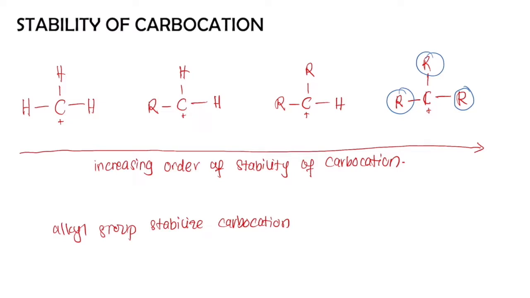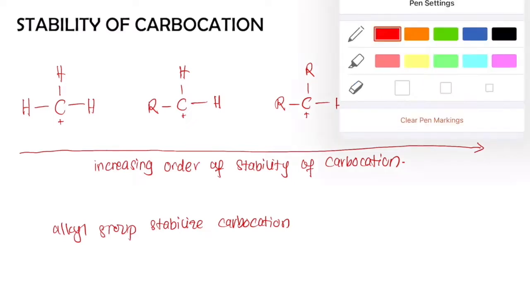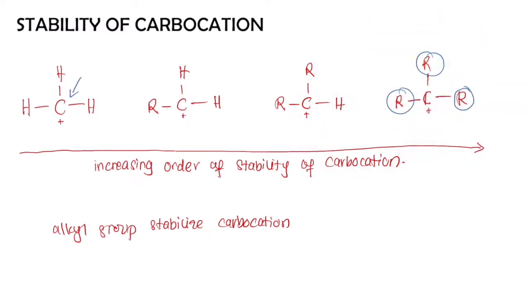The more alkyl groups, the more stable the carbocation. That is why tertiary carbocation is the most stable if you compare it with all the other carbocations. So again, carbocation refers to the carbon that becomes a positive ion. Okay, so we are done with carbocation.